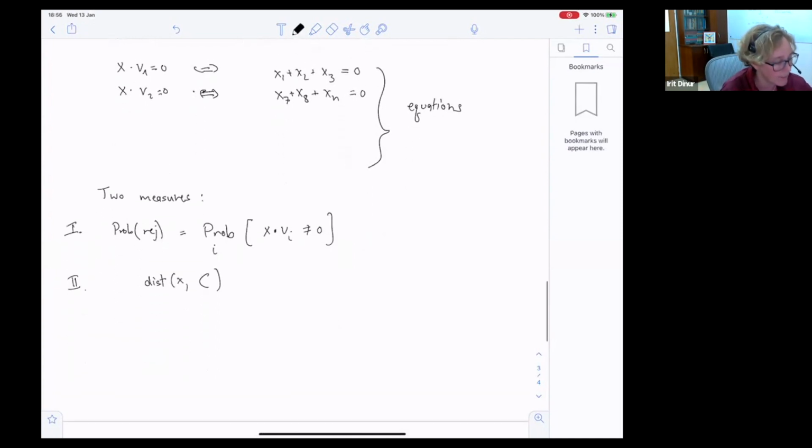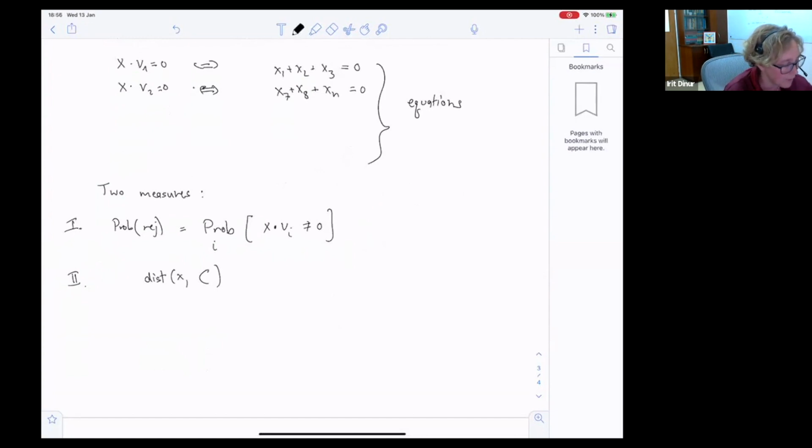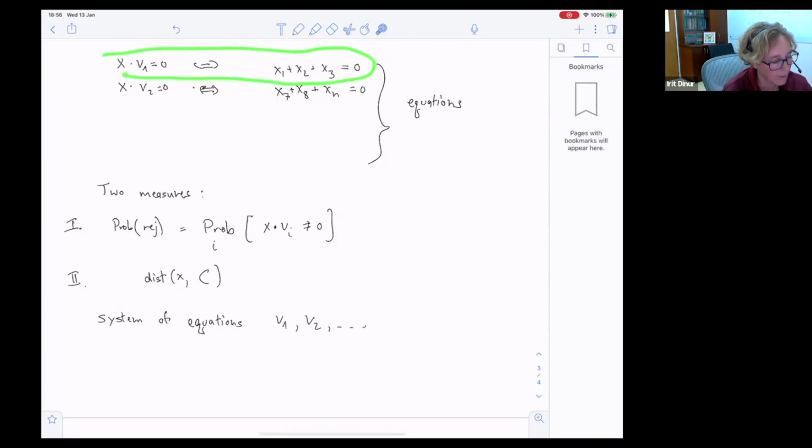Okay, and the system of equations given by V1, V2, and so on is stable, remembering that I think of Vi as an equation through this equivalence, if the measures can be related.